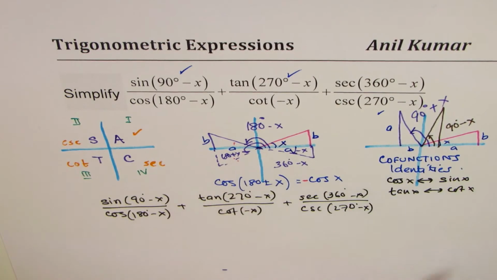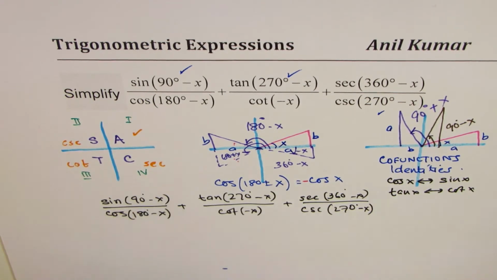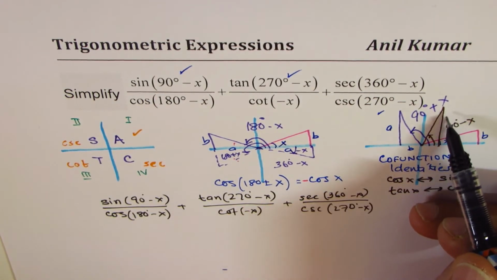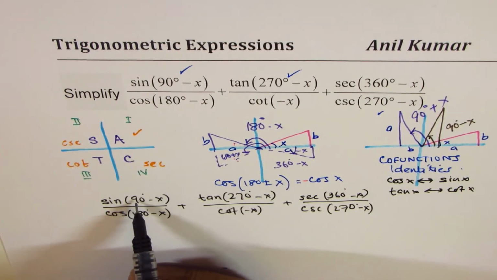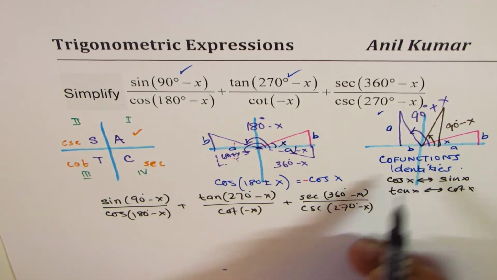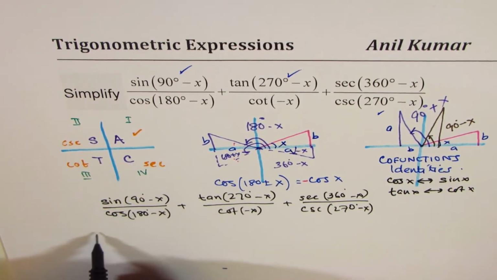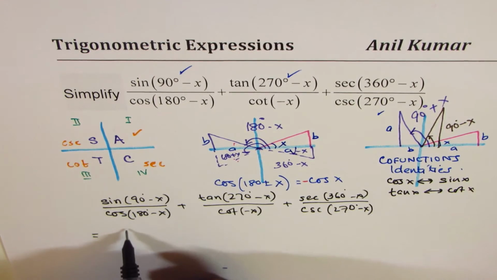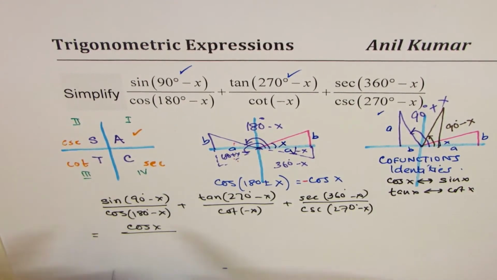We could have taken some plus also anyway. So the first one here is sine 90 minus x. It is a scenario here. You are in quadrant 1. In quadrant 1 all are positive, and therefore this remains positive. Since it is 90 plus minus kind of thing, it is a cofunction identity, sine changes to cos. So I could write this as equal to cos x, right? So cofunction 90 plus minus.